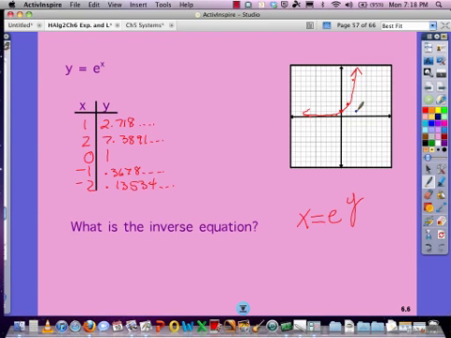A 7.3-ish, so 2, 4, 6, 7.3-ish, so a little above a 7, gives me a 2 in there. A 0, 1, so it'd be a 1, 0. A 0.36-ish, which is less than half, would be down at -1. And then a 0.13, which is even less, closer to that y-axis, closer to 0, would be down at -2.